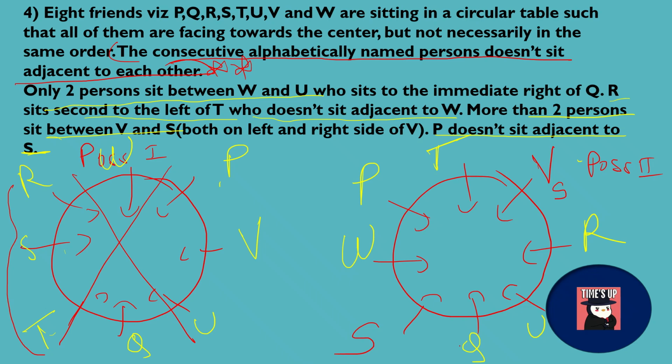They should not sit adjacent to each other. They have specified in the question itself. So that's why I'm placing S here and V there. Understanding? So that's why possibility 2 becomes correct and 1 is wrong.